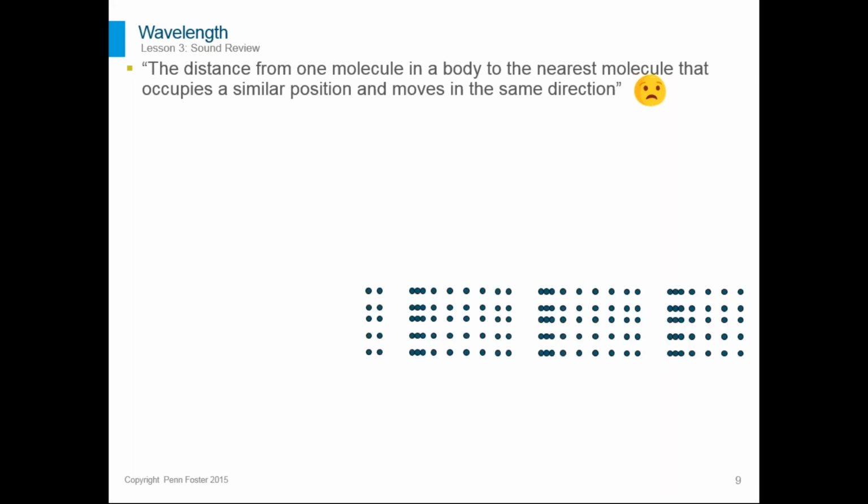All right, so we've got compressions and rarefactions. Let's measure the length of one wave. So what it's telling you is you pick a molecule, any molecule, and you would just measure to the next molecule that's in the same position. So you could start at the beginning of one compression, and then you measure to the beginning of the next compression, and that's one wavelength.